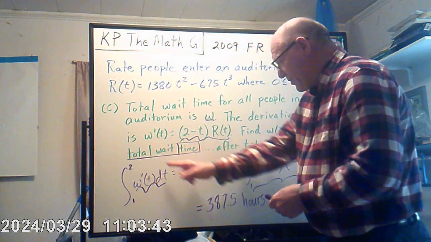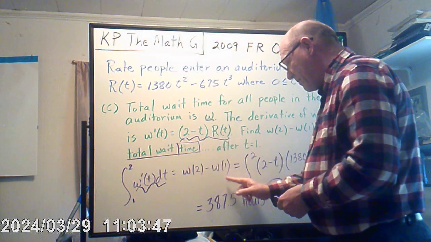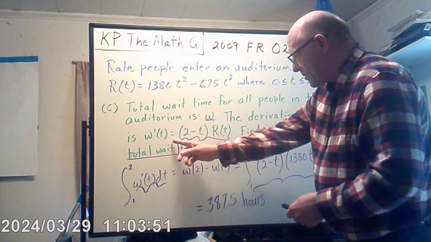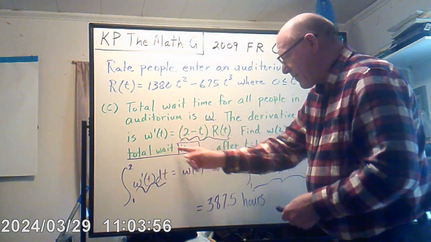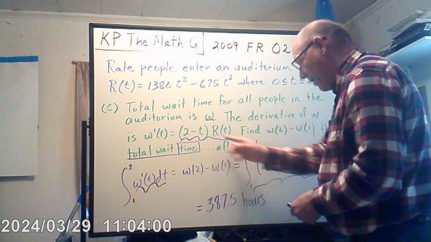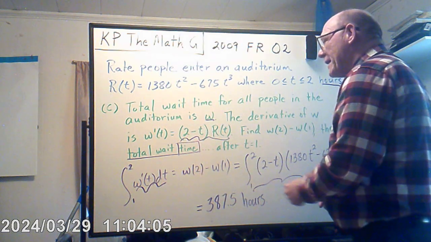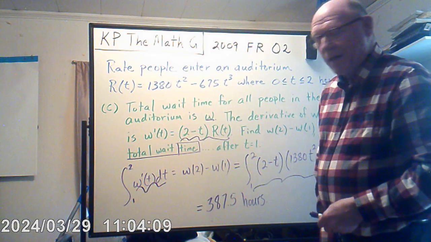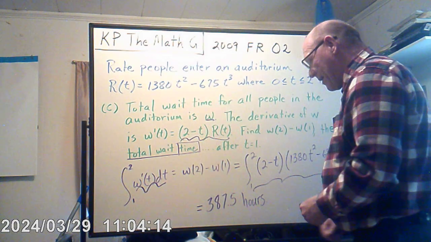This means W2 minus W1, and that's what you were supposed to find, and that is equal to the integral from 1 to 2 of r at t dt.